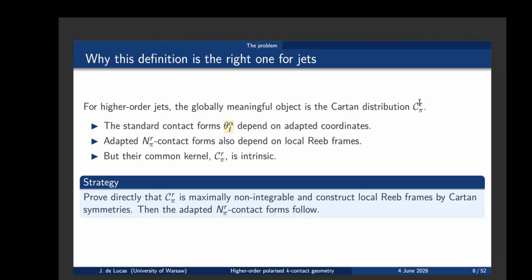When you have a first order jet manifold of rank K, the Cartan distribution has corank K exactly, and these things give you the K-contact structure.